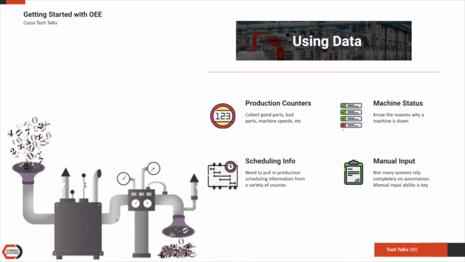Anyone can collect this information, do the math calculations, and visualize a number. But what we got to understand is, what's the next thing that someone's going to want to do when they see, for example, a low OEE number due to availability? They're going to ask, well, why was the machine not running? Great, you told me we weren't producing parts when we should have. Therefore, my OEE numbers come down, but why?